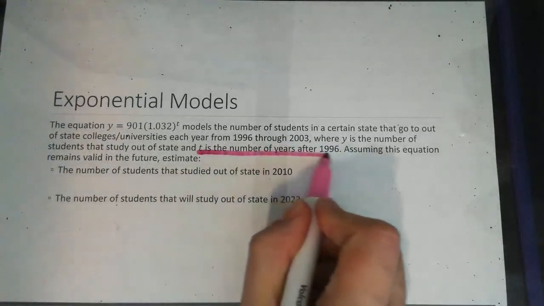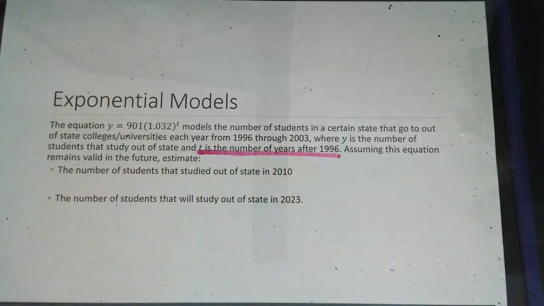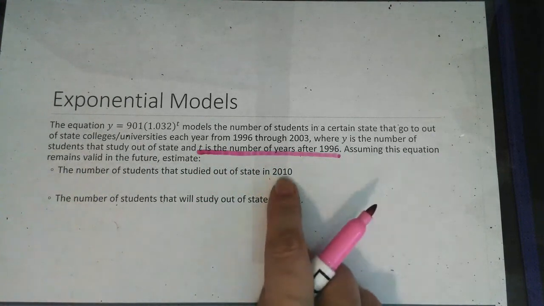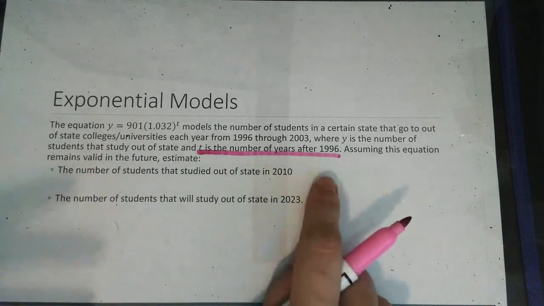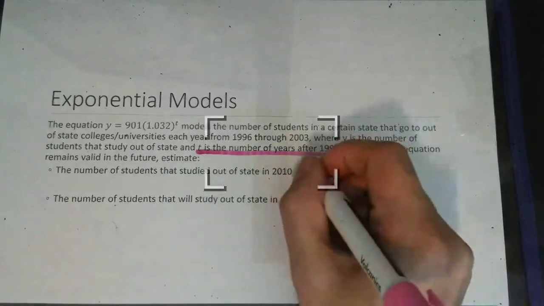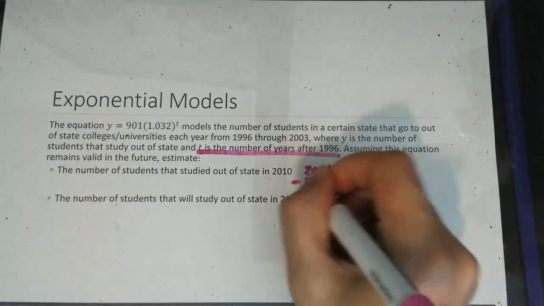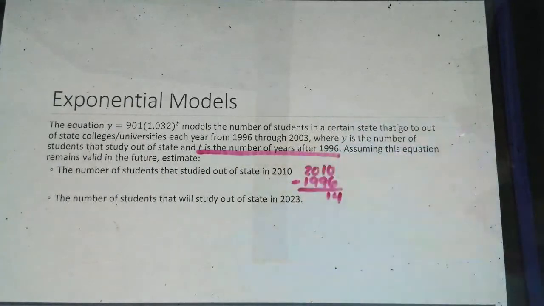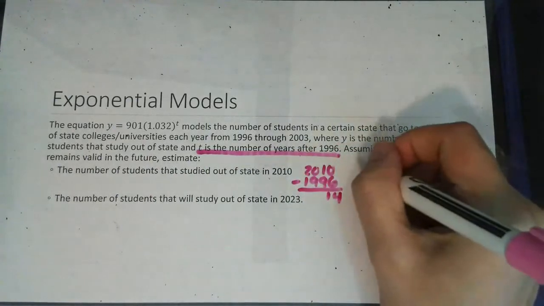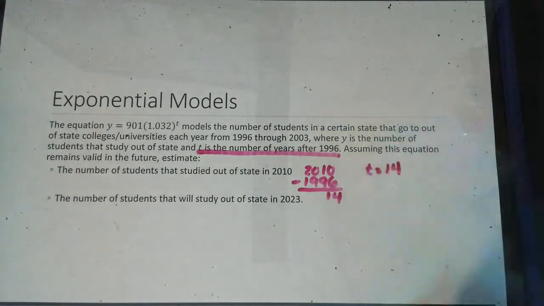t is the number of years after 1996. So to figure out what I'm plugging in for t, I need to figure out how many years have passed since 1996. One way to do that is subtract 1996 from my year. So 2010 minus 1996 gives us 14. So in this first example, we're going to use t equals 14 to find the number of students that studied out of state in 2010.